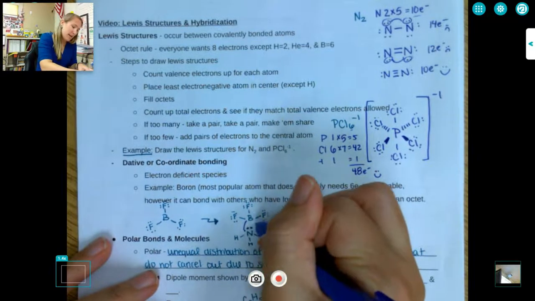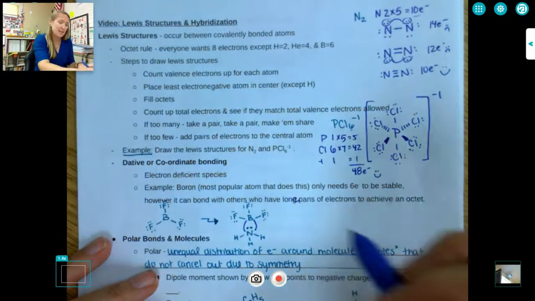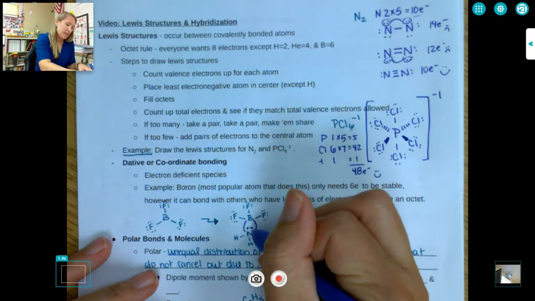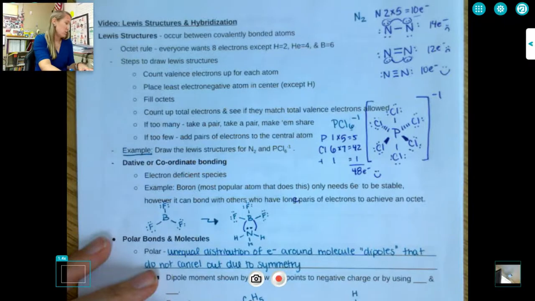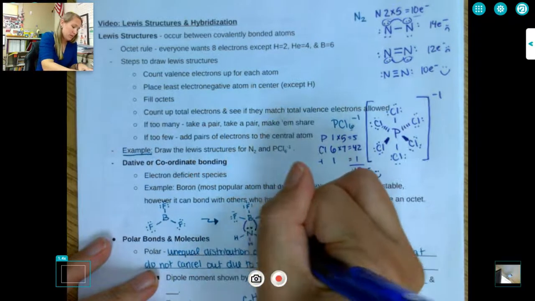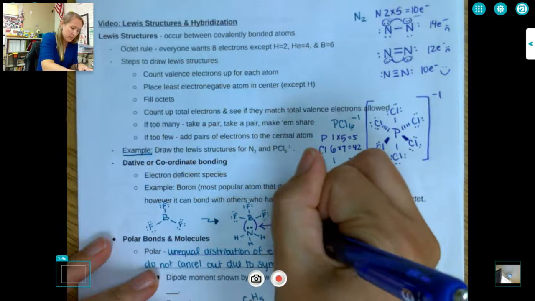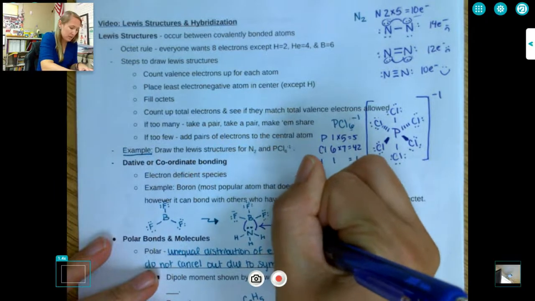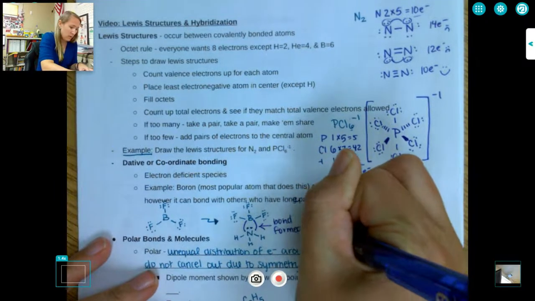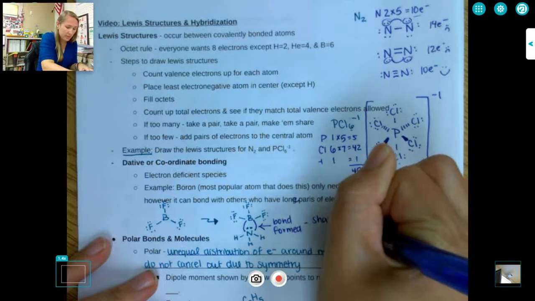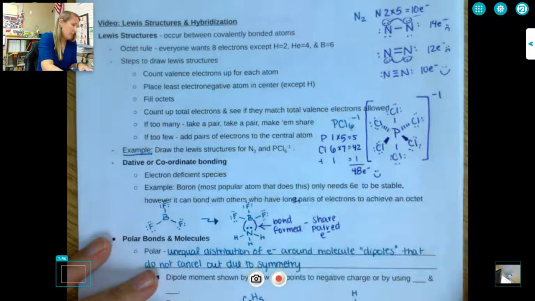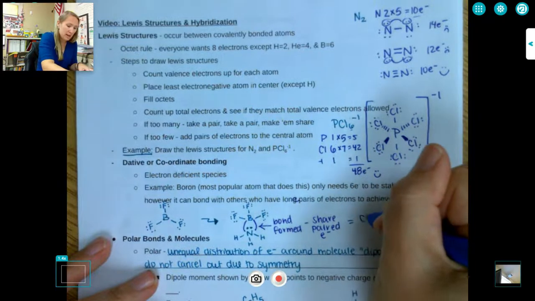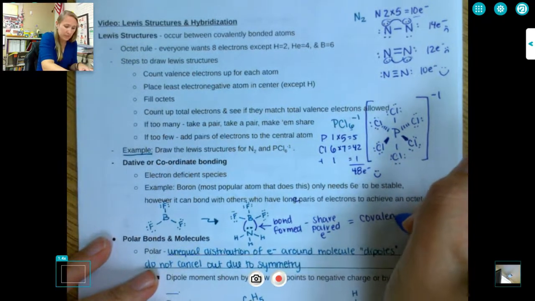And it would then make a bond here between my nitrogen and my boron, sharing this lone pair of electrons between the two of them. So we have a bond formed where they share the paired electrons, and we make a covalent bond.